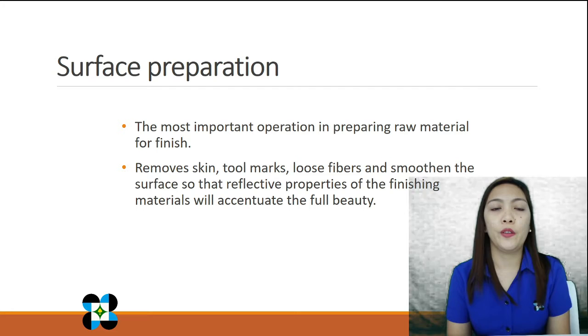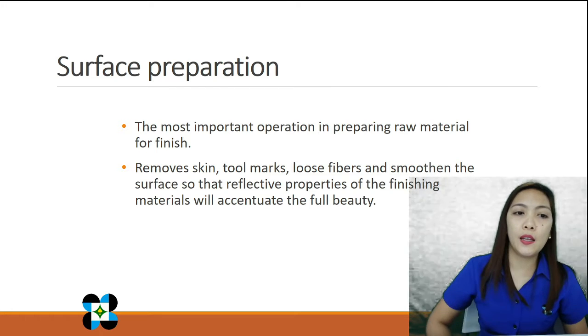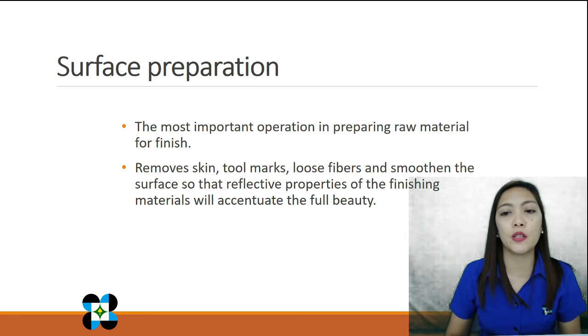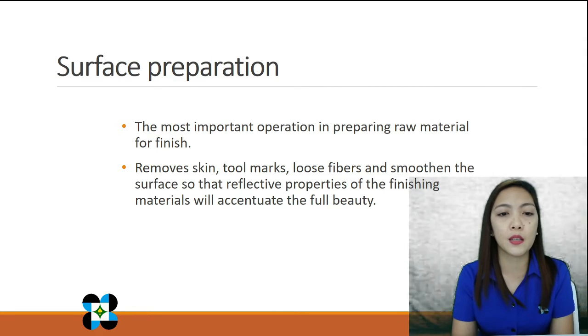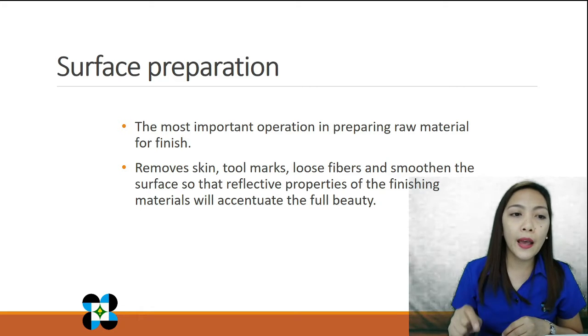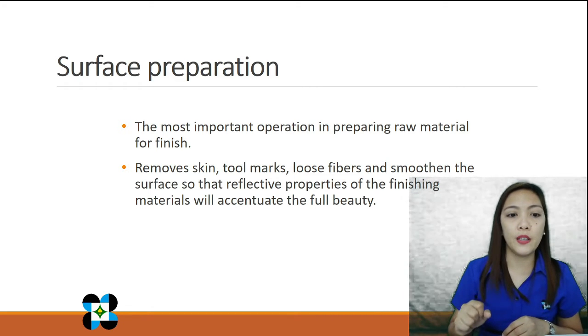Surface preparation. Lagi po namin sinasabi sa training that surface preparation is the most important operation sa pag-prepare ng raw material for finish. So, ibig sabihin, the secret of a good quality finish lies in a good quality surface preparation.